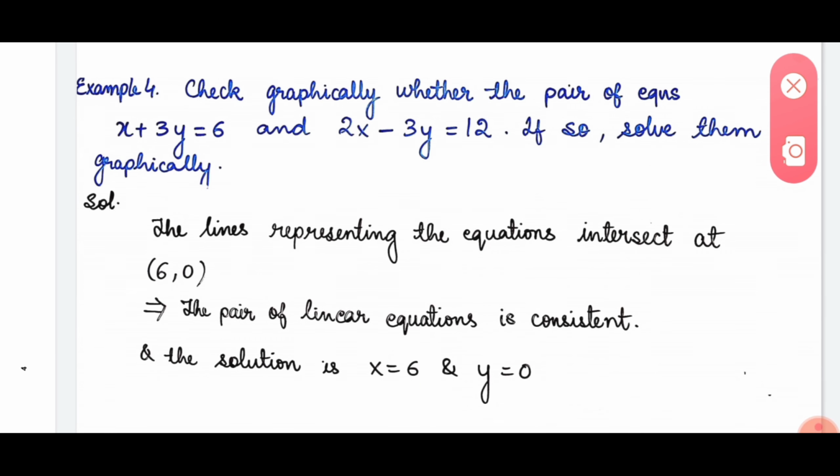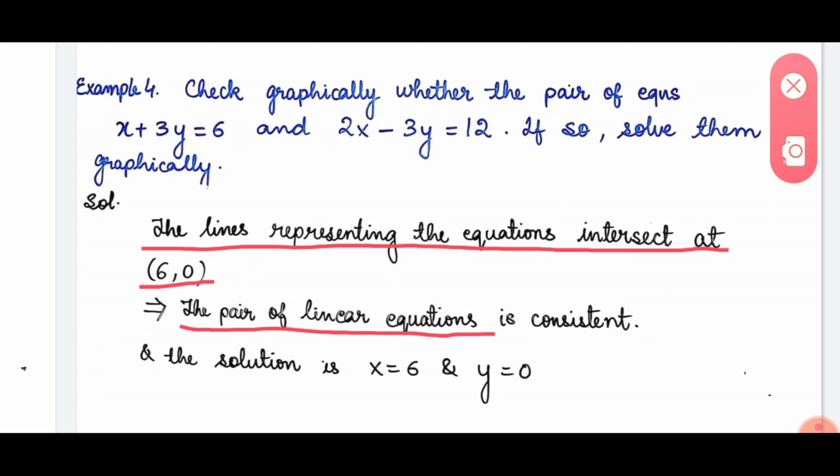Now the conclusion of the question is, the lines representing the equations intersect at 6, 0. So the pair of linear equations is consistent. See, you got the solution, right? 6, 0 is the solution of this pair of linear equations.